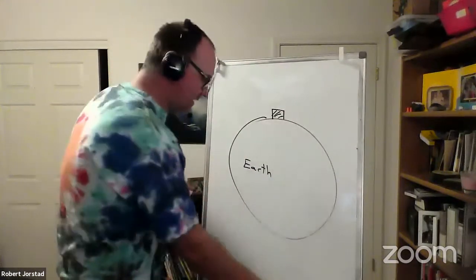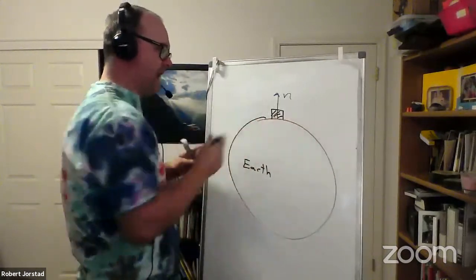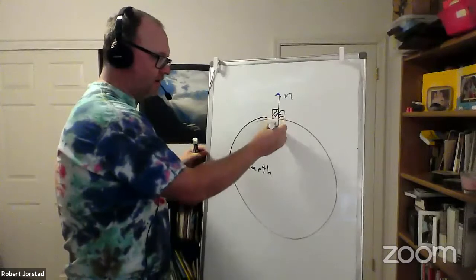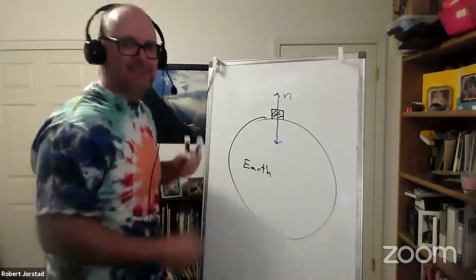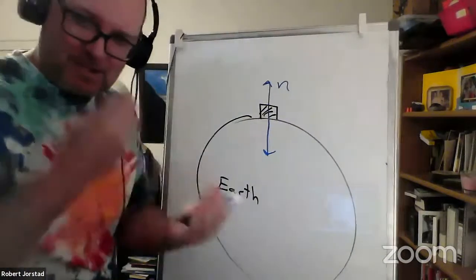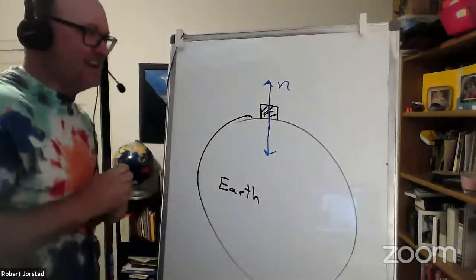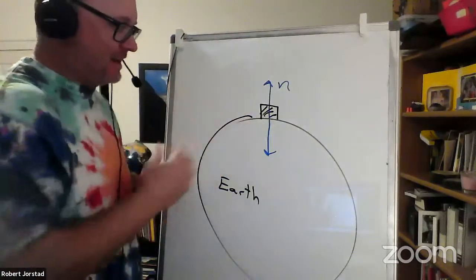I know that there's a normal force holding up the block. Well, on the Earth, that same normal force is downwards. Oh yeah, it's a big box. Hopefully it's a big box of Doritos that I could be eating later today. 600 billion trillion tons of Doritos ready to go.